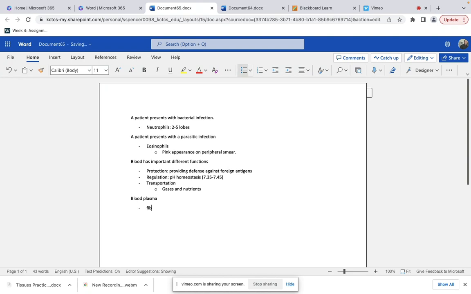Some of those could be fibrinogen, which is used for hemostasis, albumin, which is a transport protein, also responsible for oncotic pressure, and antibodies. And we know the formed elements are what? Formed elements are going to be the red blood cells, white blood cells, platelets. Awesome.